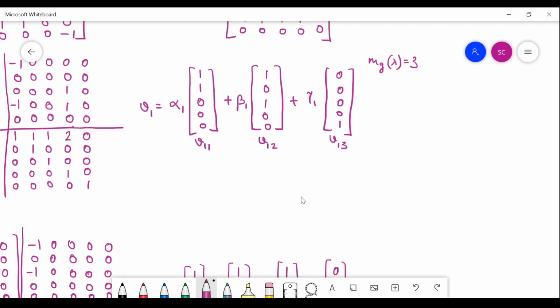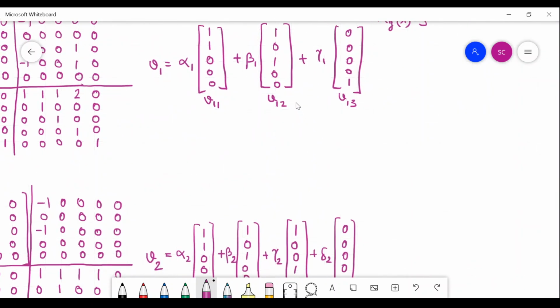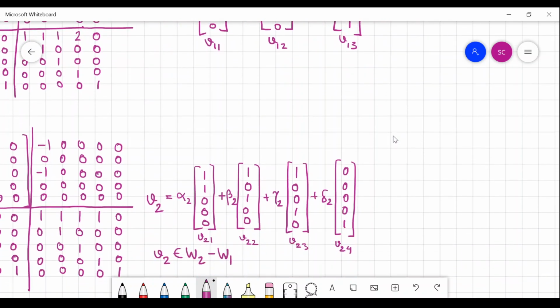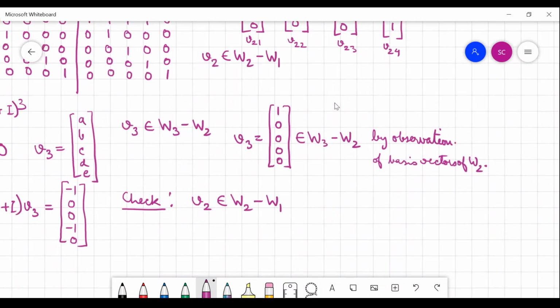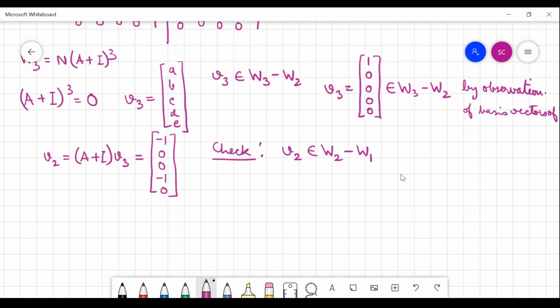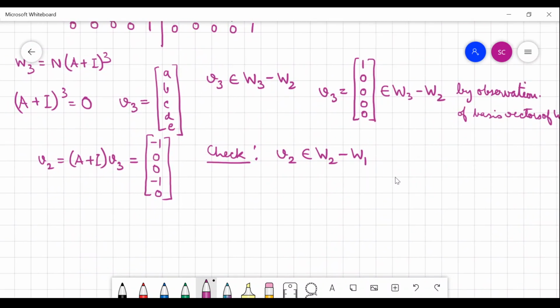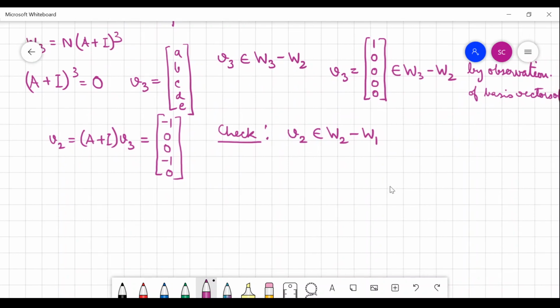So you verify it on your own. It cannot be composed because the fourth element in your V2 is basically -1, and the fourth element in all of these vectors is 0. So it cannot be composed of the basis vectors of W1. So this is a check, a beautiful check that has revealed itself.